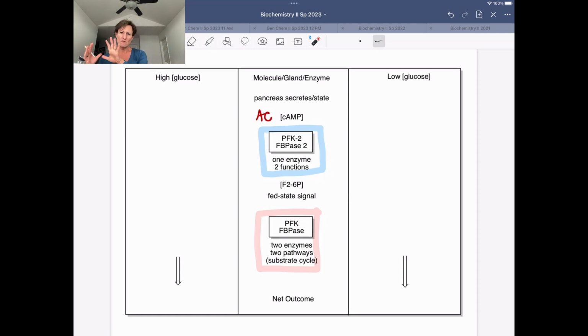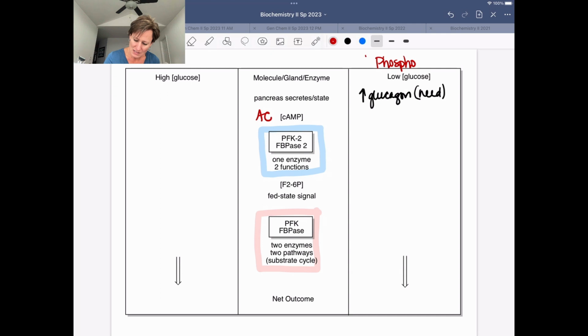All right, so let's talk first over on the right here about what happens with low blood sugar levels. Low blood sugar levels means the pancreas is going to be secreting glucagon, and that's because we are in a need state. I'm going to highlight and put on top here: need state, we think of as phospho. So adenylate cyclase is going to be active.